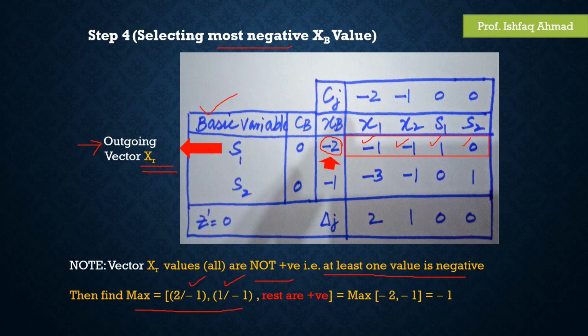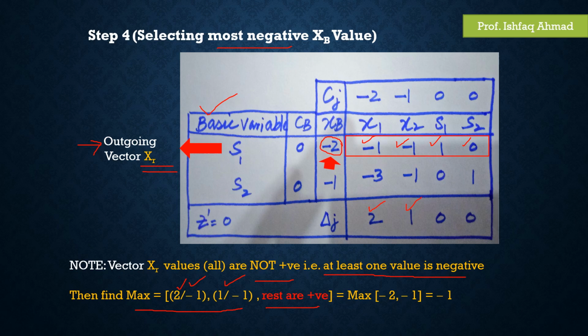So the delta J value is 2, the first value, and we divide this value by the first value of the XR vector, and again the second value of delta J is 1. We divide that value by minus 1, and the rest of the values are positive, so we don't proceed from there onward for these ratios.